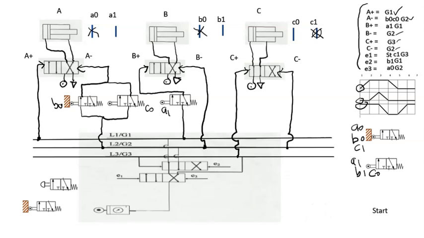So connect the start button with the E1. The start button we always put on the right. And for the contact C1, we're going to use the left side. And it will connect to G3.